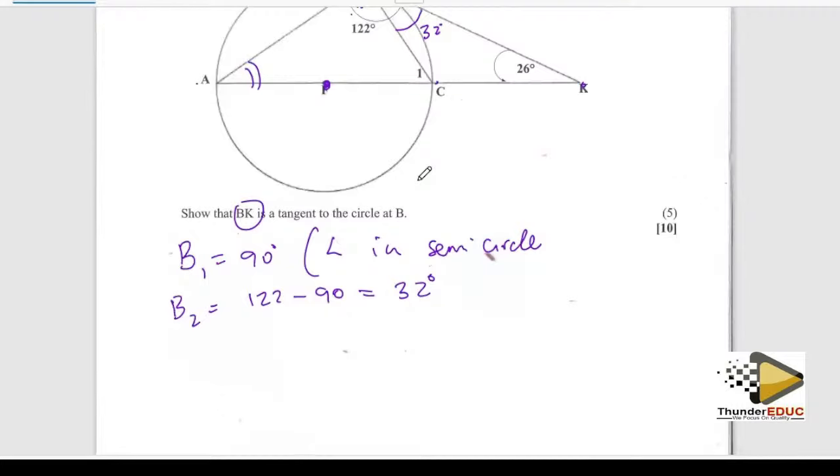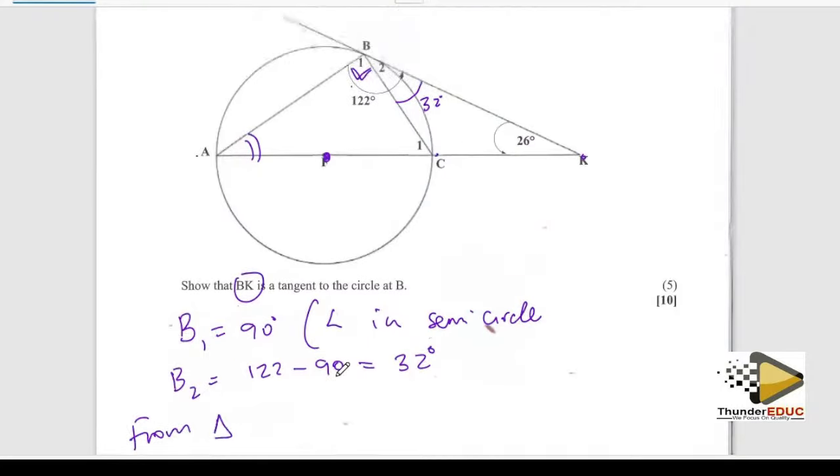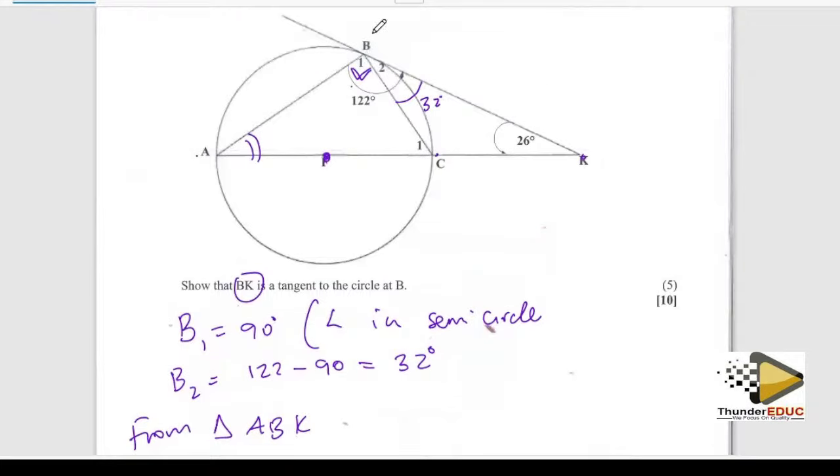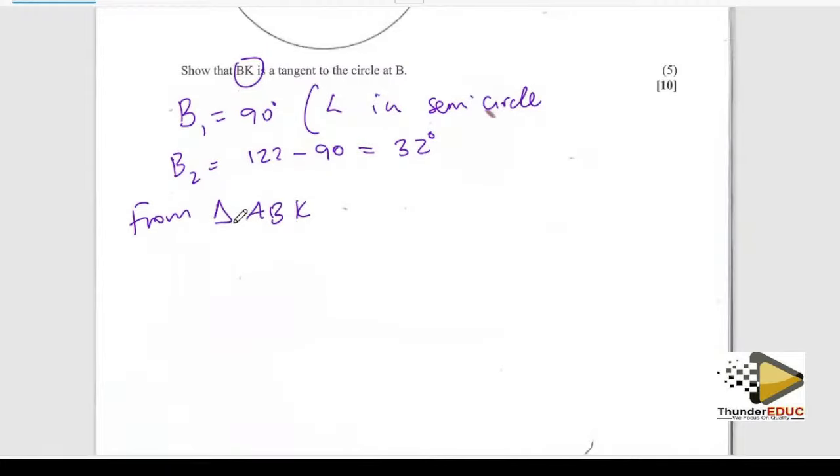Then from triangle ABK, I can look for the missing angle A using the angles in the triangle. So what I'm saying is I'll have A plus 122 plus the 26 must give me 180 degrees. Angles in triangle ABK.